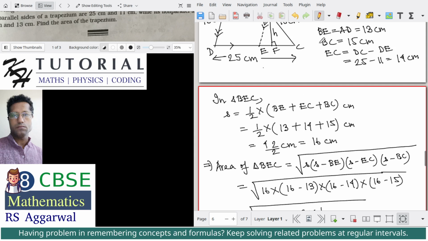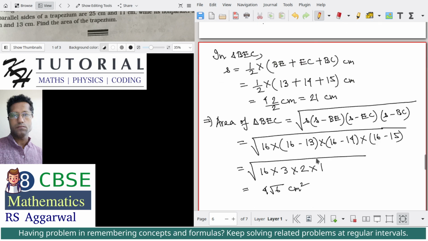This is 42, so S will be 21. So this is all wrong. The area will be equal to the square root of 21 multiplied by 8 multiplied by 7 multiplied by 6.